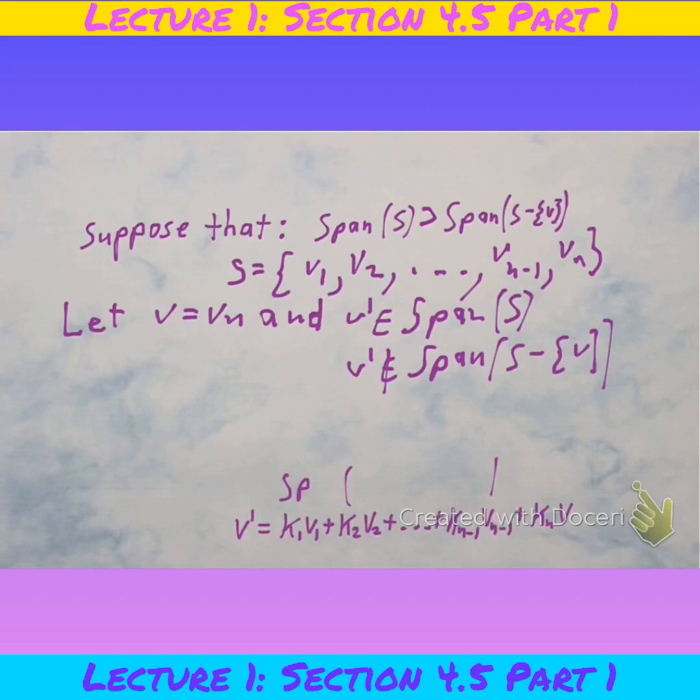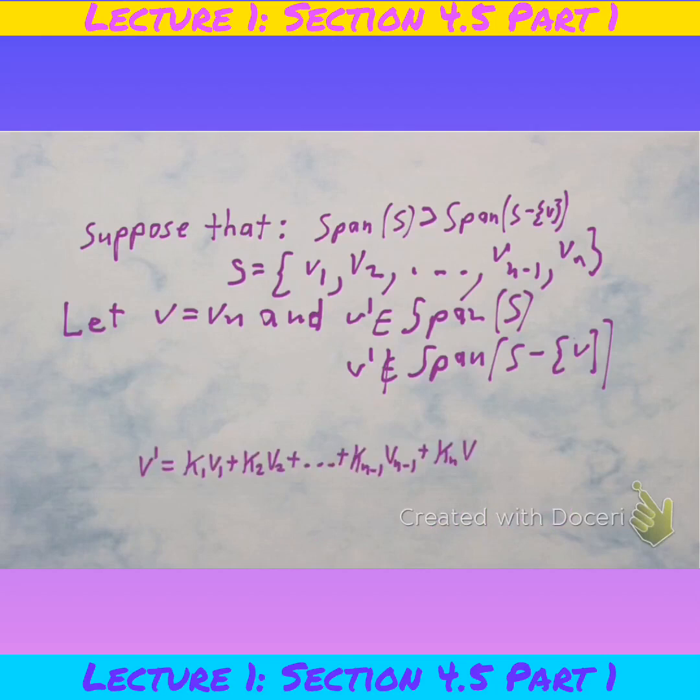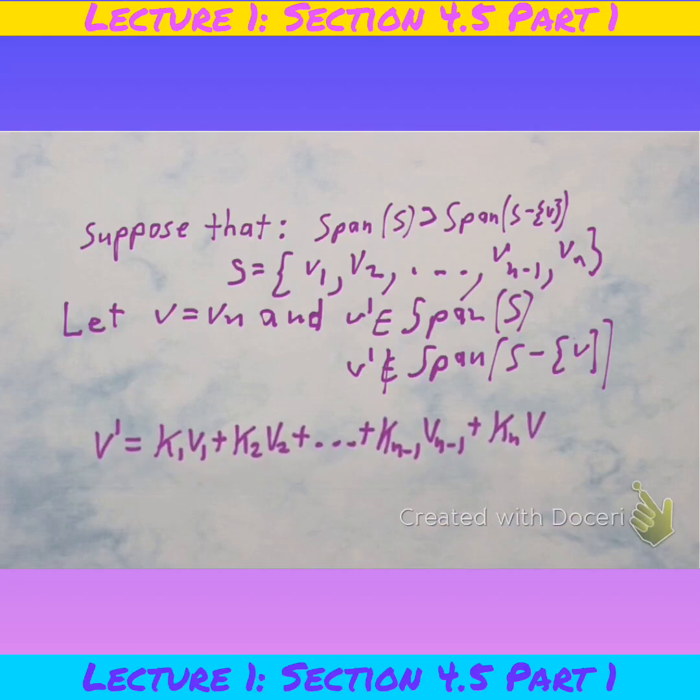Okay, so we can now express V prime as a linear combination of vectors in S because it's in the span of S. So remember these are the vectors in S. And what did we say about V?